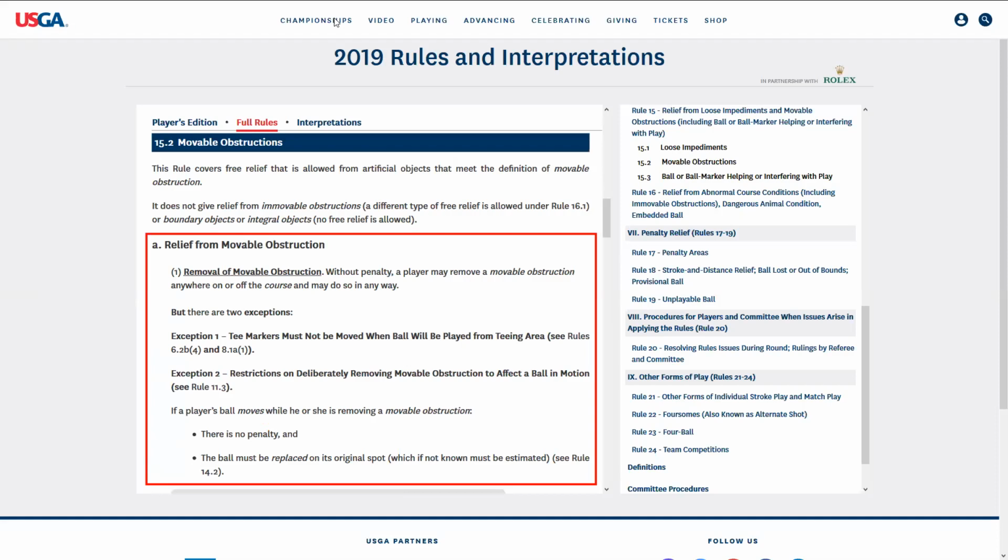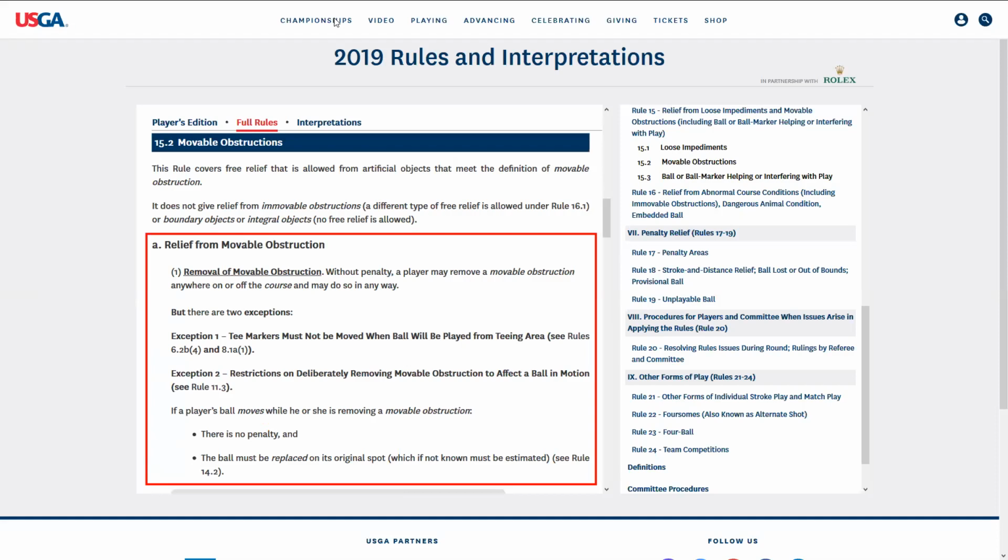So if you're playing the back tees on a hole, and you kind of chunk your shot and it rolls into the forward teeing area and is directly behind one of the tee markers, that tee marker is a movable obstruction and you can move it. Why? Because it's not the tee markers for the teeing area that you are playing.